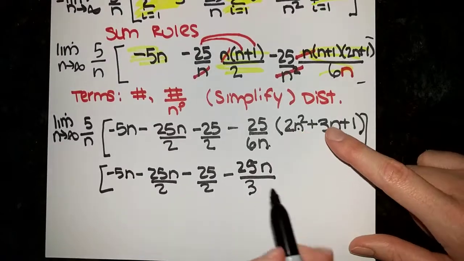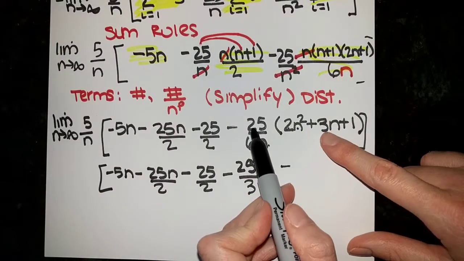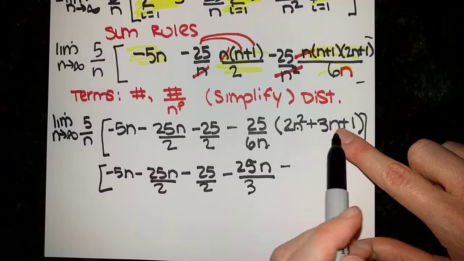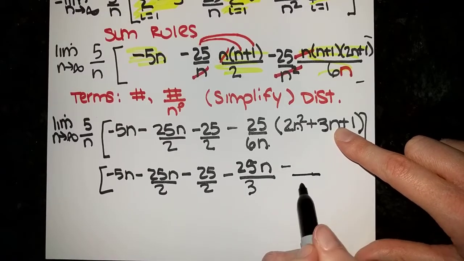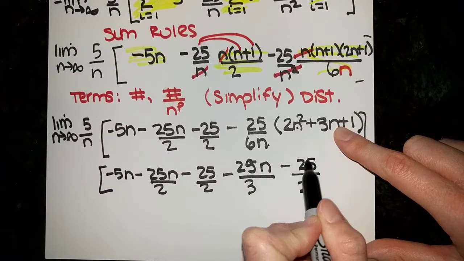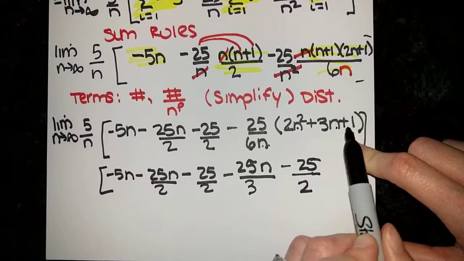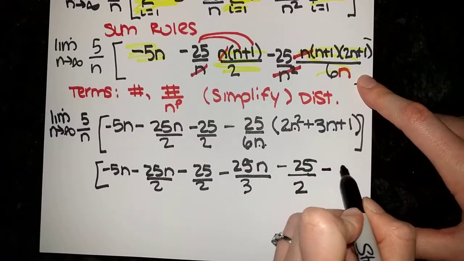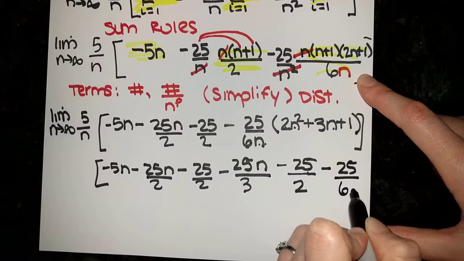Okay, so then we have minus 25 times 3, but let's think about this as 3 and 6 cancel to give you a 2 and then 25, and then you'll notice this n and this n will cancel. And then minus 25 over 6n.